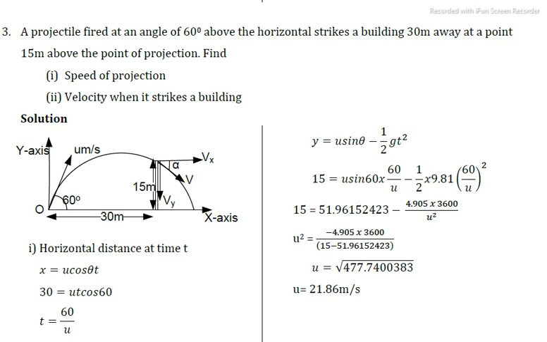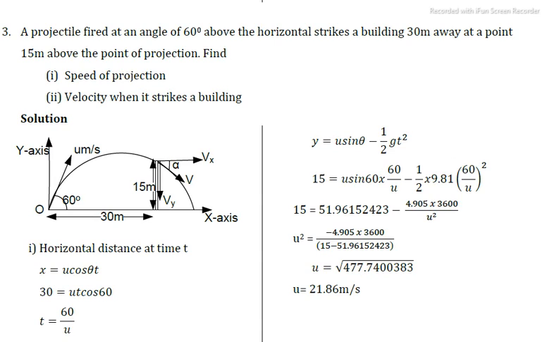But the horizontal distance at any time t is given by x equals u cos theta t. That is from the second equation, which says displacement s equals ut plus a half at squared.